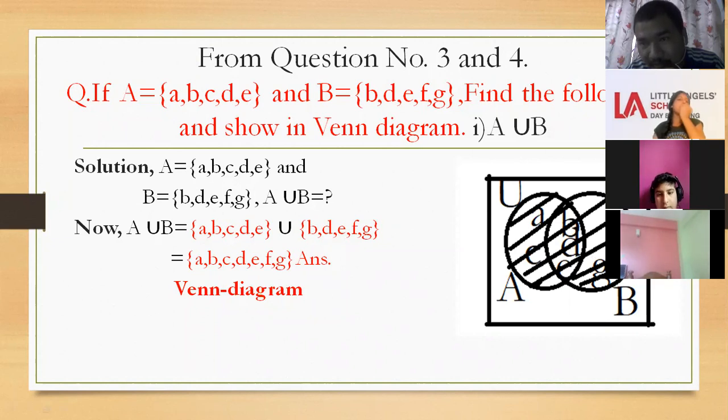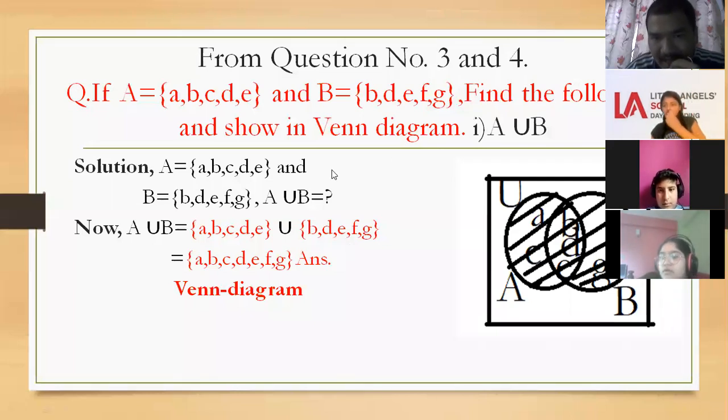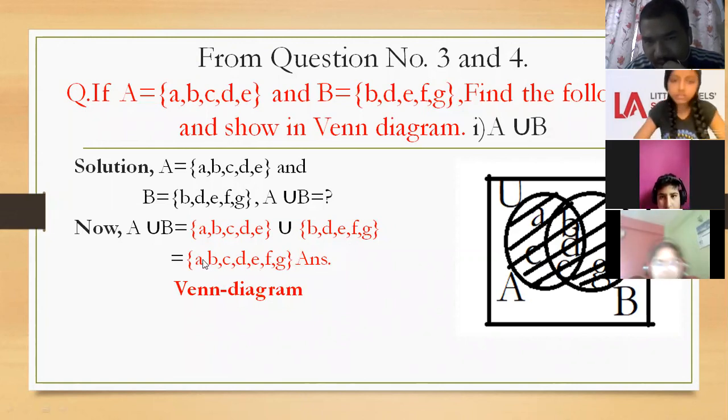Right here, the remaining elements of set B. Then which part do you have to shade here, Sarah? What is the answer here? Which part is shown by this answer? In which part of this Venn diagram do these elements lie? Those parts should be shaded. Okay, children?